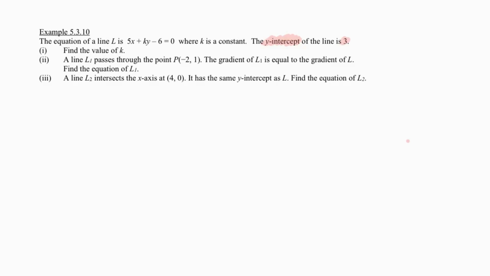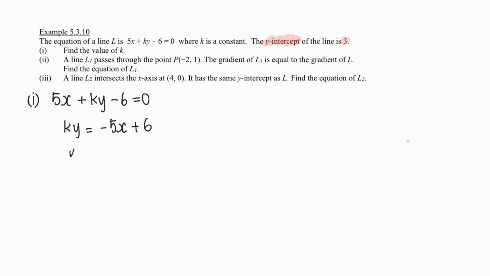Since they give us the y-intercept, I am going to convert this into gradient-intercept form. So ky is equals to negative 5x plus 6 on both sides.